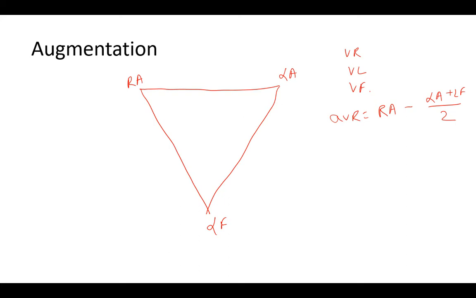Now what is VR? That is non-augmented VR. Okay, this one is augmented VR. What is VR? Basically VR is equal to RA minus RA plus LA plus LF by 3.